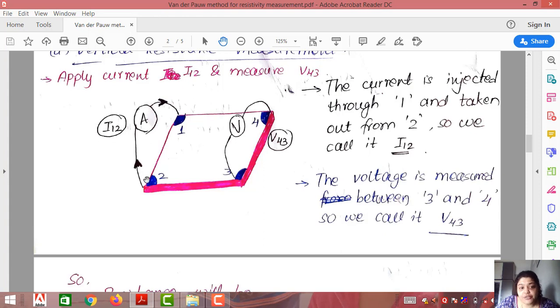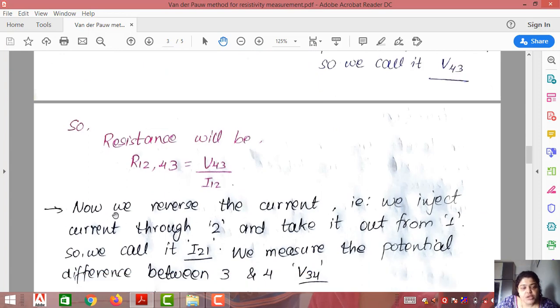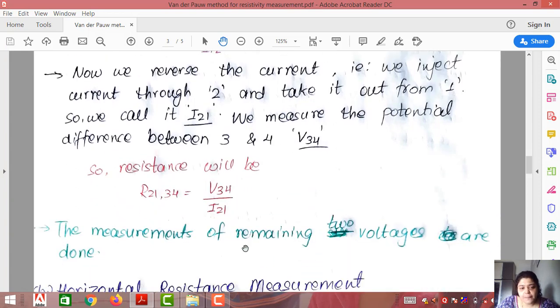So we inject the current through 2 and take it out from 1, and we call it I21. We measure the voltage V34. So the resistance will be this voltage upon this current. So we write R21,34 equals V34 upon I21.